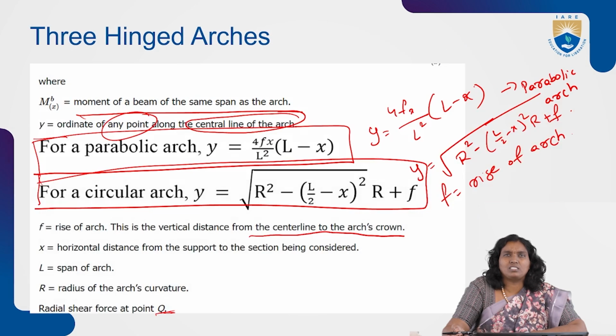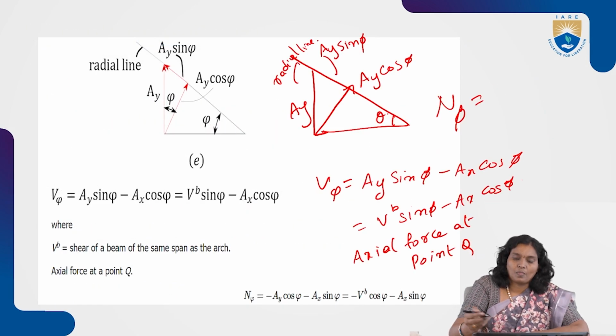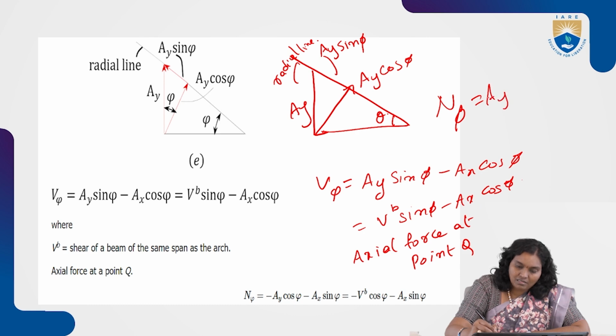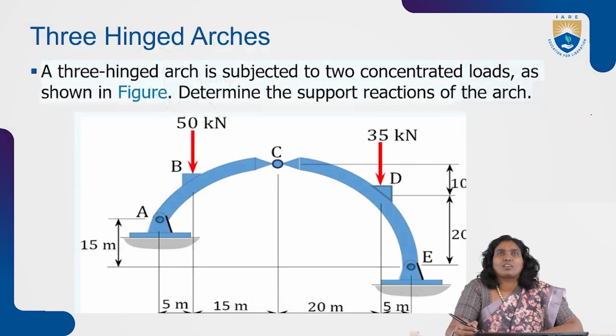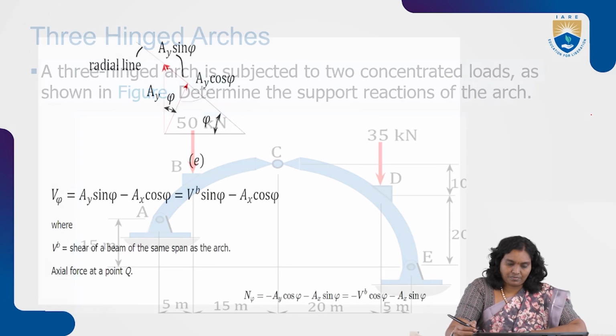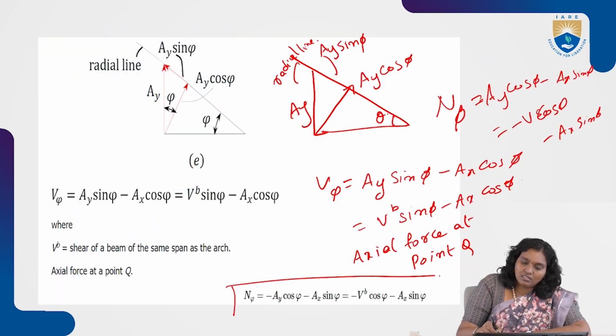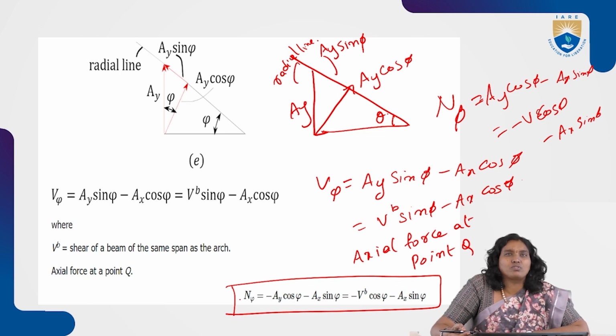This axial force is equal to AY minus AY cos phi minus AX sin phi, which is equal to minus V cos phi minus AX sin phi. So this is the radial force we are finding.